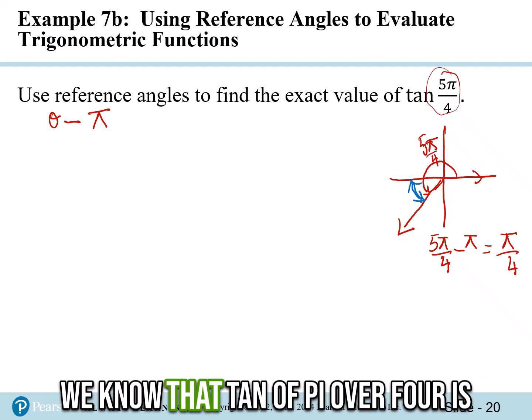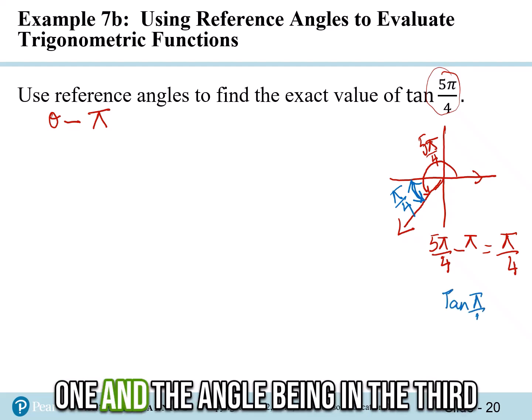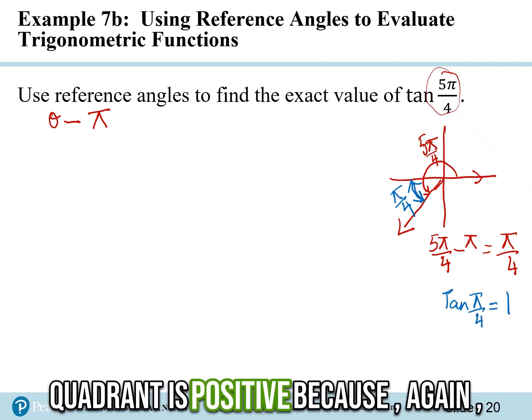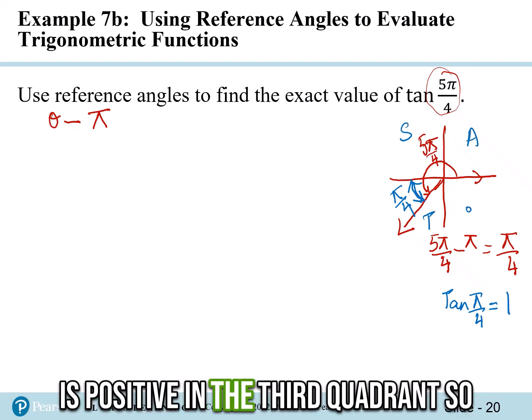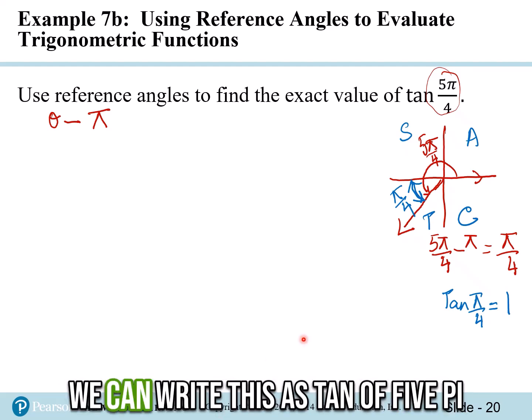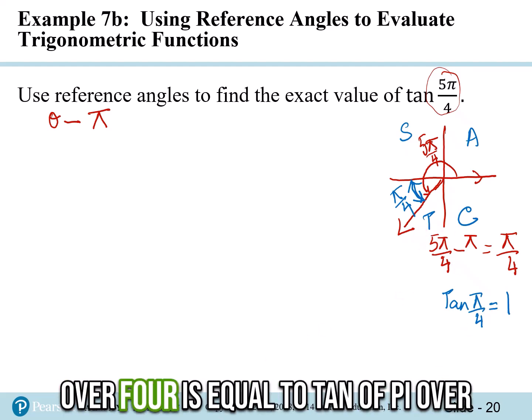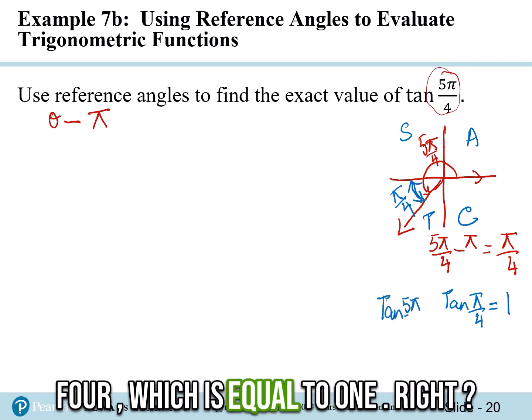Now we know that tan of pi over 4 is 1, and the angle being in the third quadrant is positive because, again, according to the ASTC rule, tangent is positive in the third quadrant. So we can write this as tan of 5 pi over 4 is equal to tan of pi over 4, which is equal to 1.